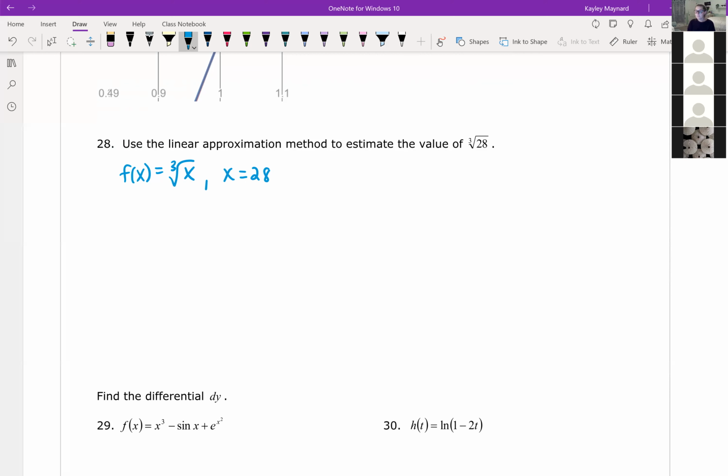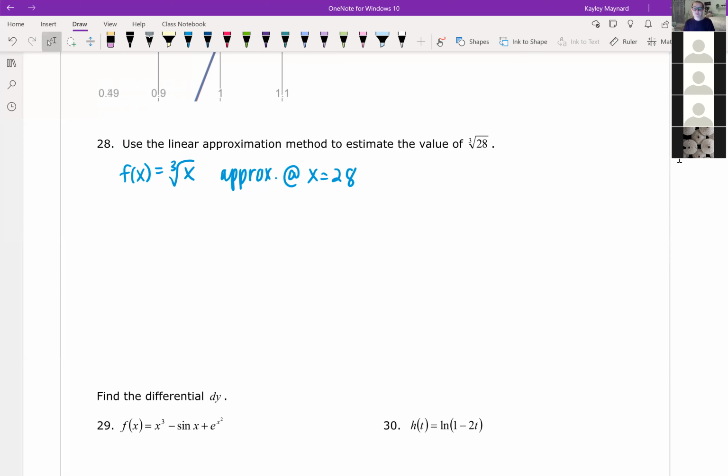So, actually, let me write that a little better. So approximate at x equals 28. Okay, so you want to approximate what that output is, and there's a method of using linear approximation, and what this says is, hey, if you want to approximate this function at 28, why don't you find the tangent line really close to 28, basically.